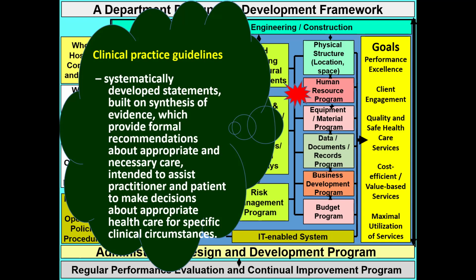Clinical practice guidelines are defined as systematically developed statements built on synthesis of evidence, which provide formal recommendations about appropriate and necessary care intended to assist the practitioners, the physicians, and the patients to make decisions about appropriate health care for specific clinical circumstances. I'd like to emphasize that clinical practice guidelines provide recommendations, that's why it's called guidelines.